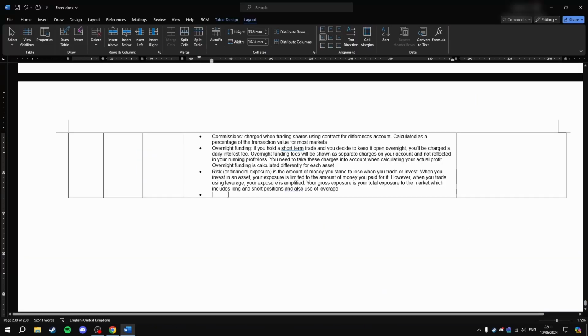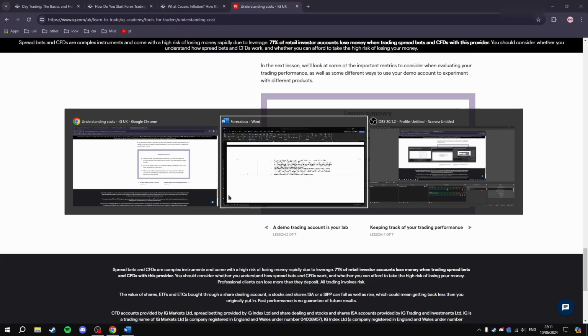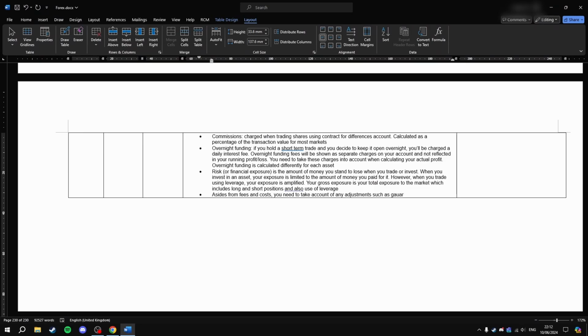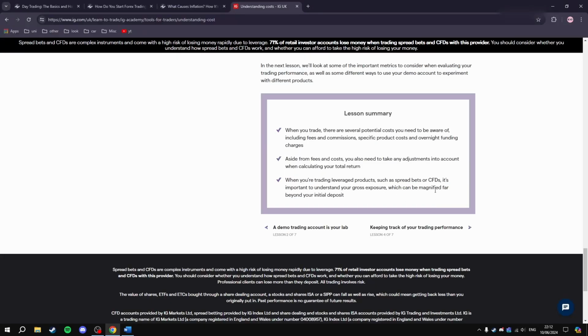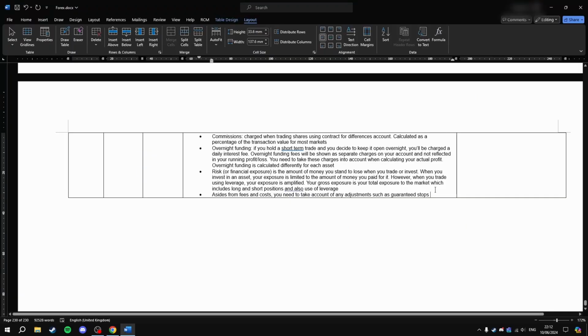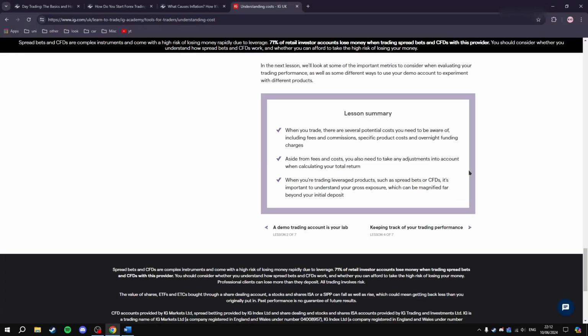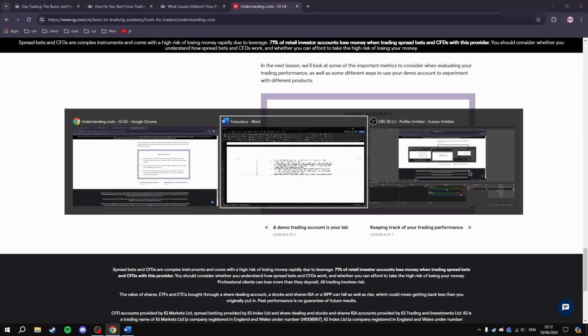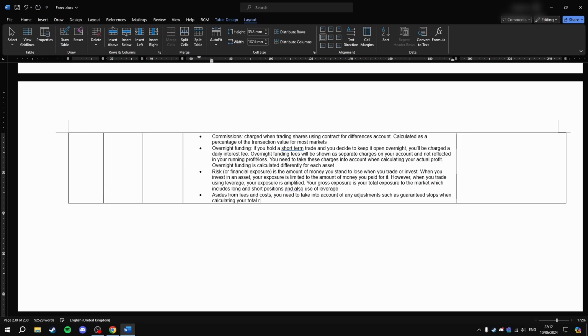So, aside from fees and costs, you need to take into account any adjustments such as guaranteed stops when calculating your total return.